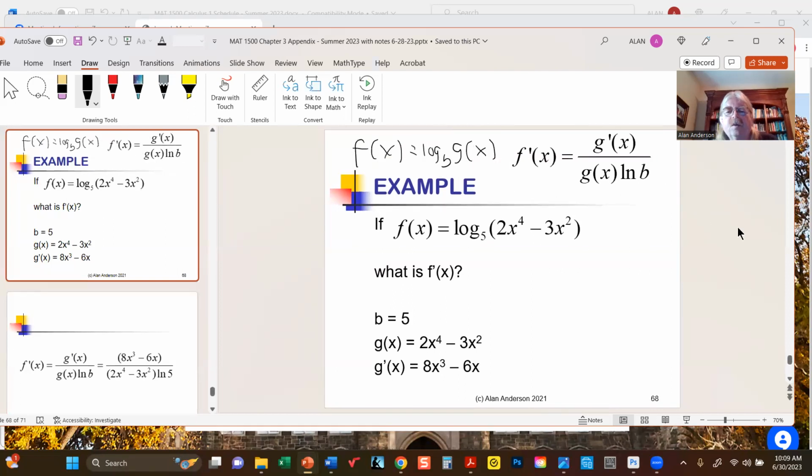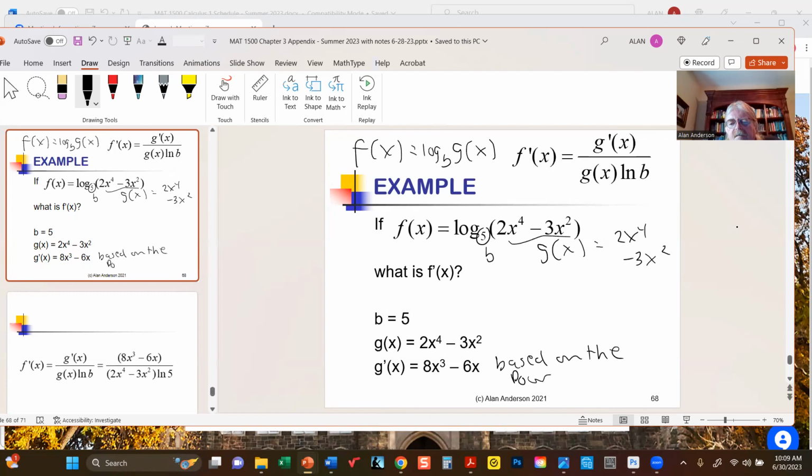All right, so of course, that's what we have here. So our base is 5, and g of x is 2x to the fourth minus 3x squared. So based on the power rule, g prime of x is this expression.